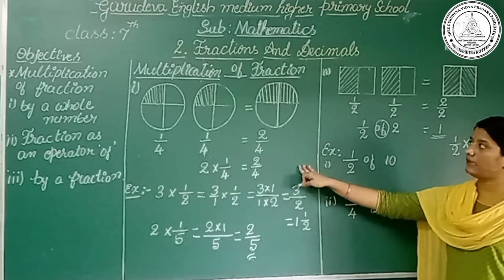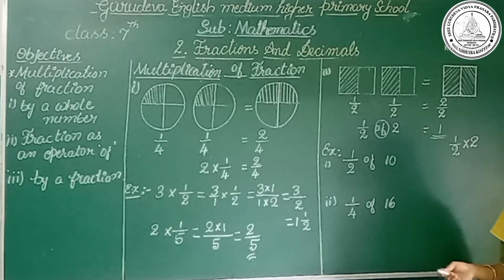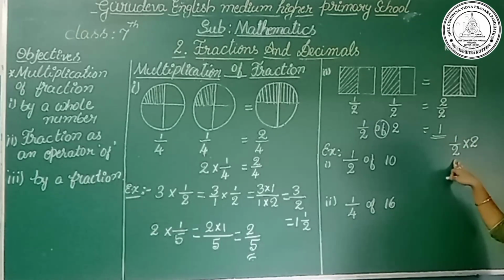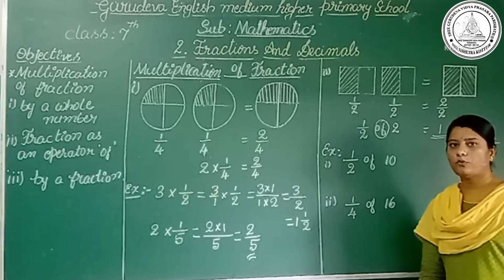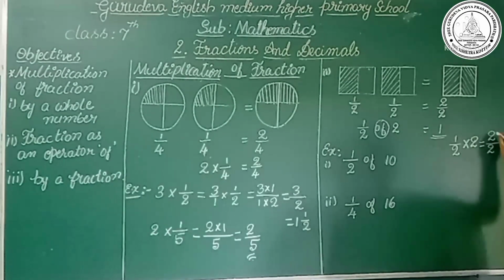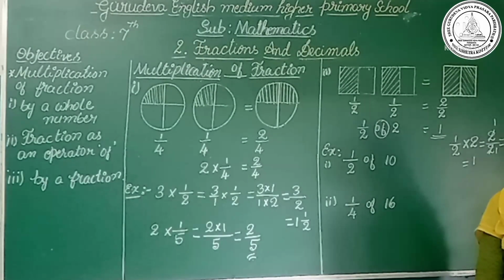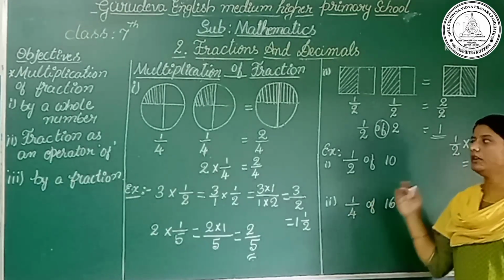Before I said that for multiplication by a whole number we just multiply the numerator by the whole number and write the denominator as it is. If I write like that, 2 ones are 2, divided by 2 as it is. This is not in the simplest or reduced form. Just cancel here 2 by 2 and you will get the product equal to 1. So that is the fraction as an operator of.